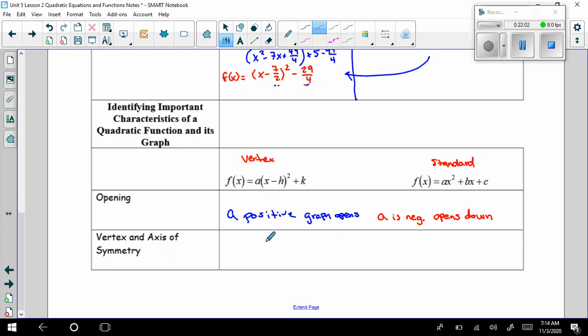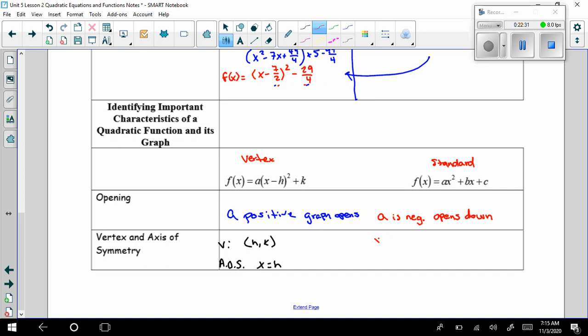Vertex and axis of symmetry. In vertex form, your vertex is just the H and the K. Your axis of symmetry is X equals H. It always goes through the vertex, and so it's a vertical line, so it's X equals the X value. In standard form, you have to do a little bit more math than that.